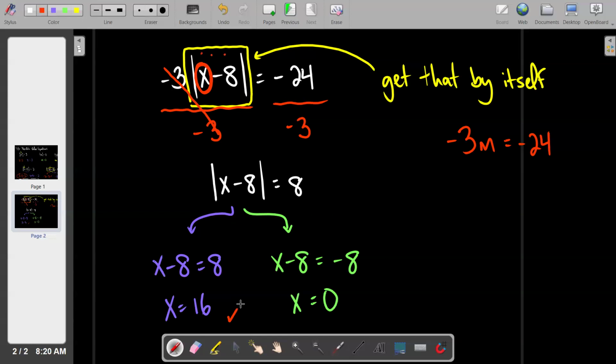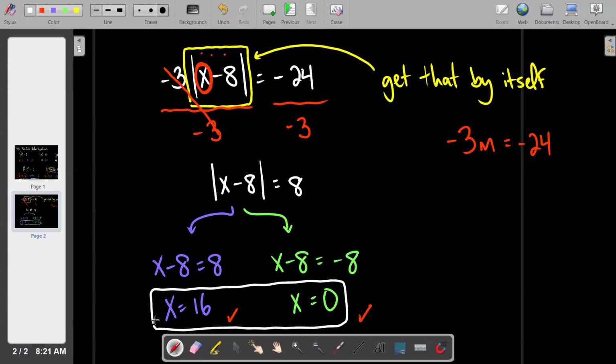He can have a check mark. Do it with 0. Go back up to where the red egg is at. Put in a 0. What is 0 minus 8? Negative 8. What's the absolute value of negative 8? 8. And what's negative 3 times 8? Negative 24. Check. Never a bad idea to check your answers before you hit send.